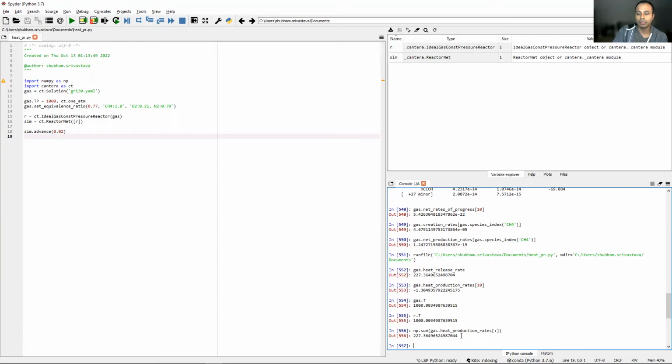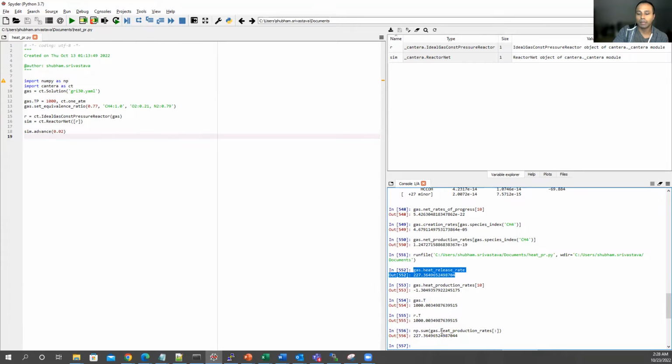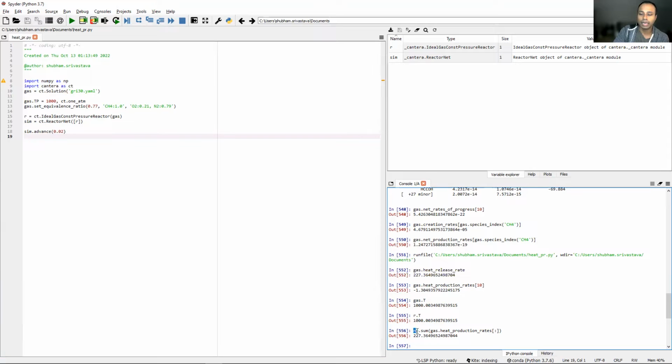So you see this number here is equal to this number here. This command is summing up the heat generated by all of the reactions, all the 325 reactions in the GRI mechanism. It's summing up all of them and showing us that the total number is equal to the final heat release that was calculated by Cantera, right?